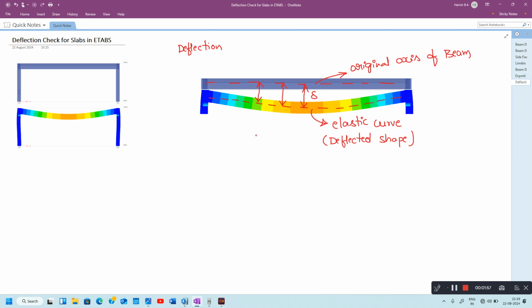So deflection is denoted by delta, and it is measured in millimeters. Deflection depends upon many factors. One of which is external load.